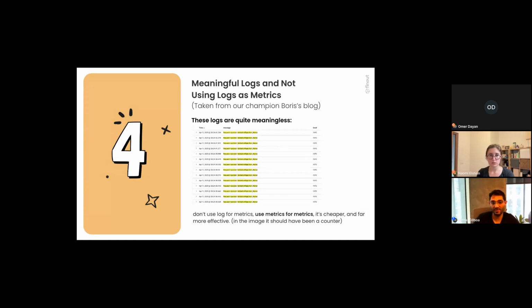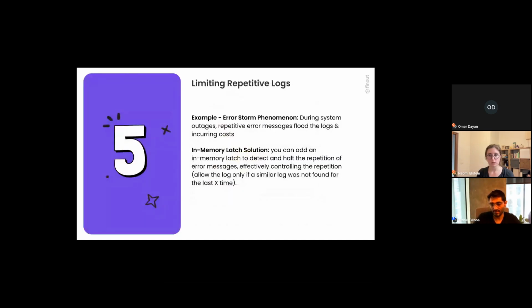Another anti-pattern is, let's say we have already filtered all of the info and debug and only have error levels in our system. There's a phenomenon that could occur whenever there's an error in the system, and it's a cascading error. For instance, if a certain microservice in a multi-microservice environment has a certain exception, it could trigger a lot of exceptions following it.